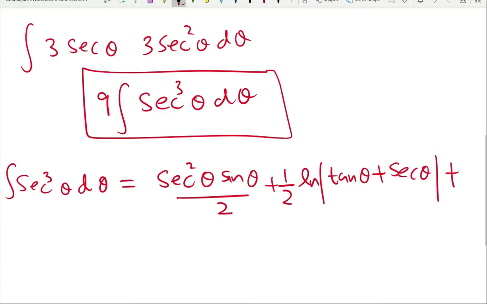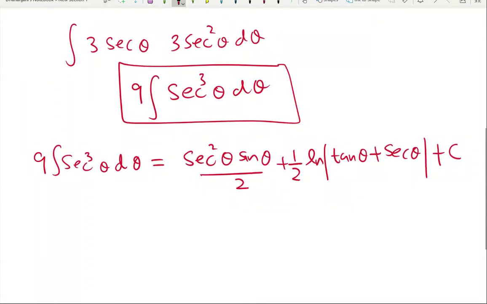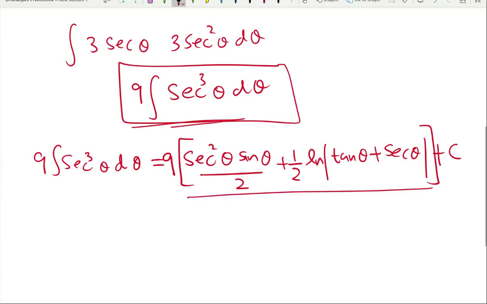I know in most of the colleges, if you come up with a problem in the exam where you have to integrate secant cube theta, I'm sure most of the time they will provide this answer in your formula sheet or instruction sheet. Okay, so we don't forget the 9, we have to have 9 here. So this is the integral after we integrate 9 times secant cube theta. Okay, let's say this is given to you. I'm sure it will be given to you in most of the colleges.